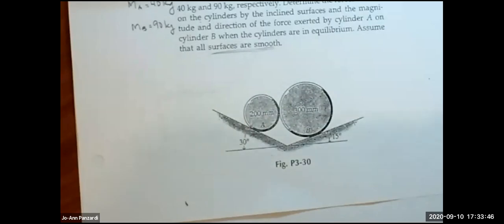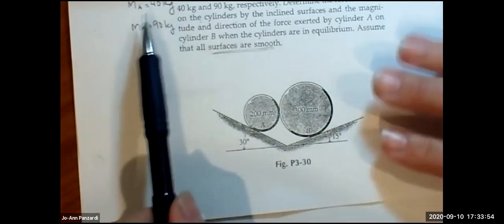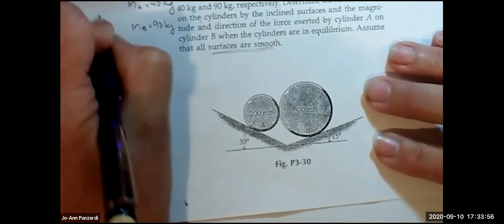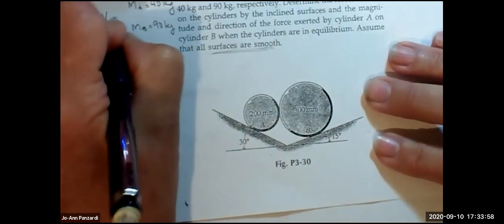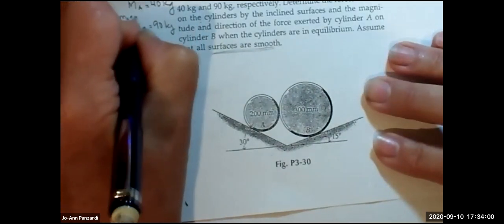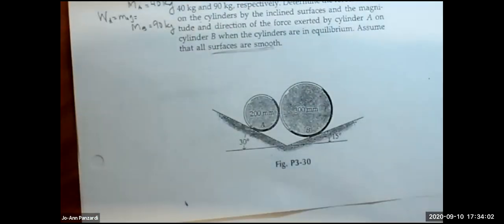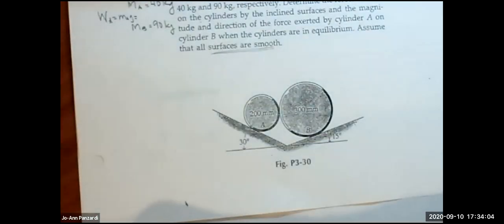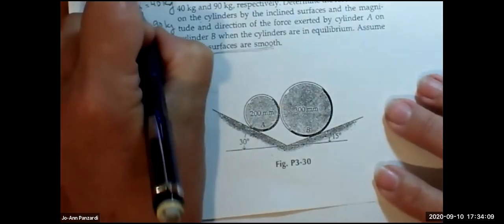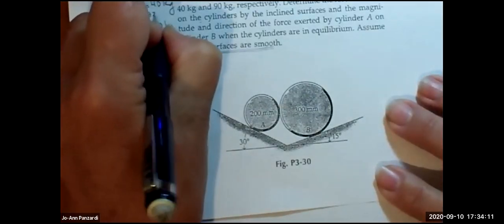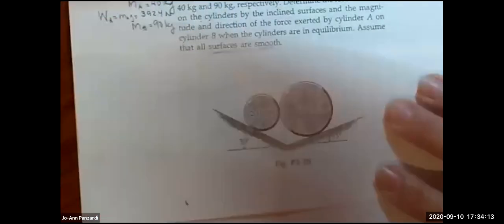I've seen enough people do statics problems where they forget to convert it to weight and just use the mass. So as soon as you write the mass, let's figure out what the weight is. The weight of A is equal to MA times G, and that's 392.4 newtons.